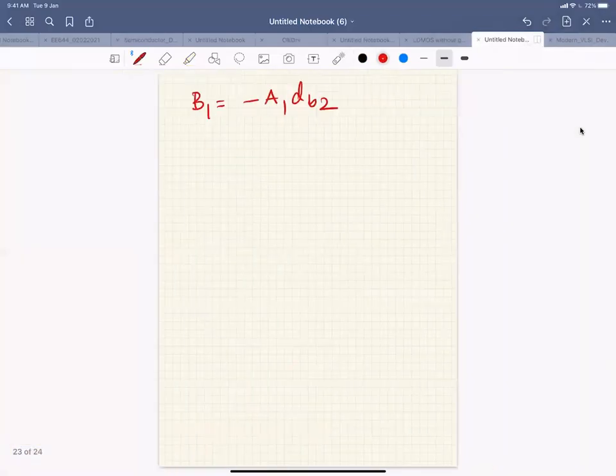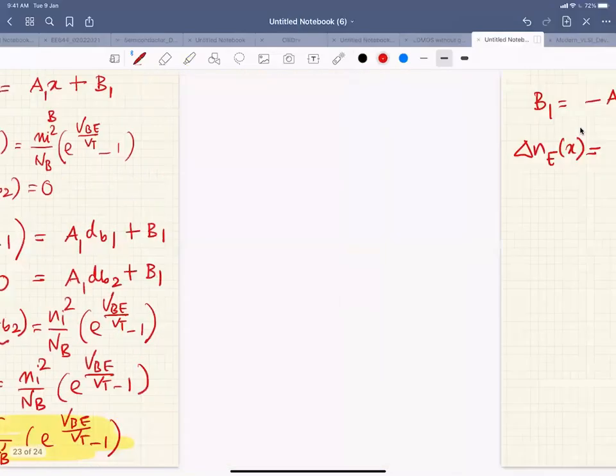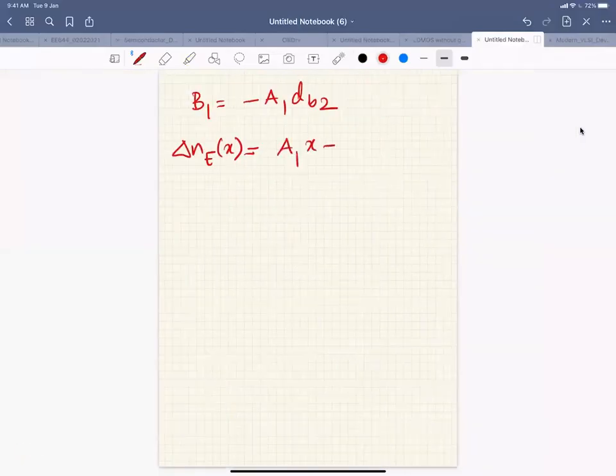So now if I put it, your delta NEX is A1x plus B1, which is A1x minus A1 dB2.